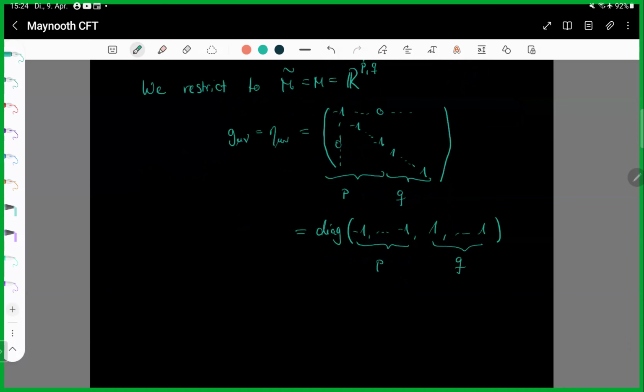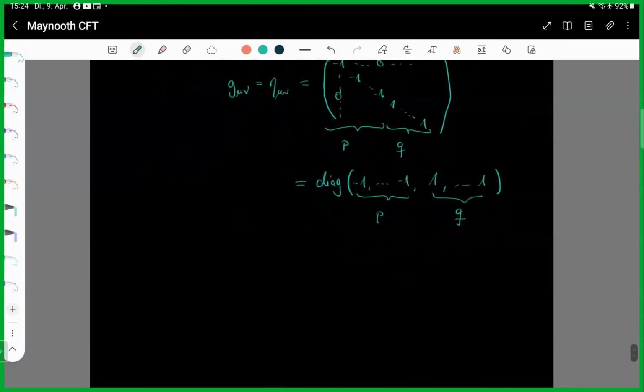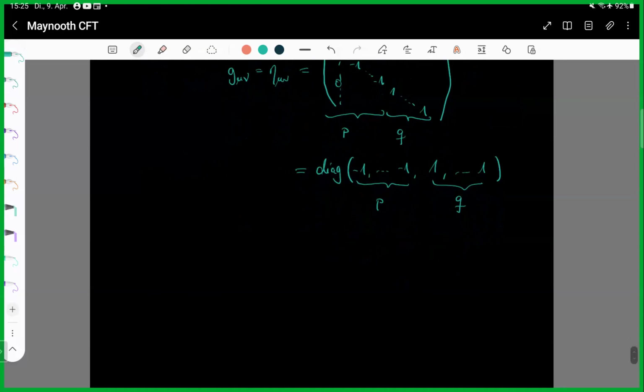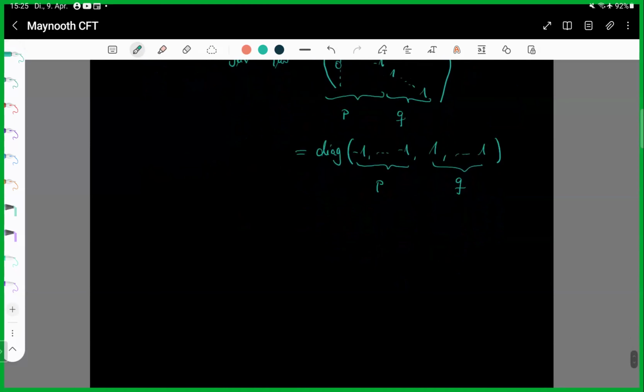For all practical purposes, we're actually just going to stick with Minkowski space or full Euclidean space, where you just have conventional simple things.